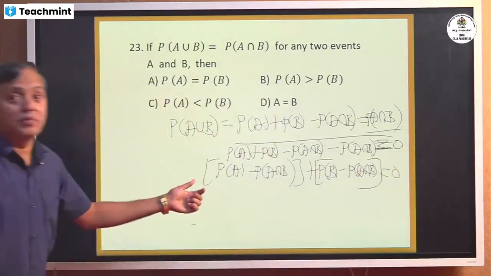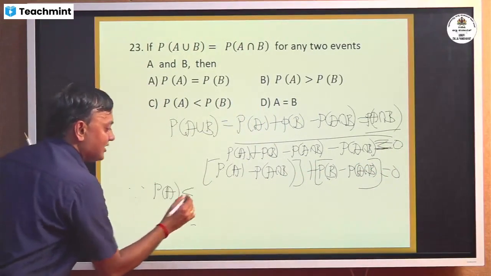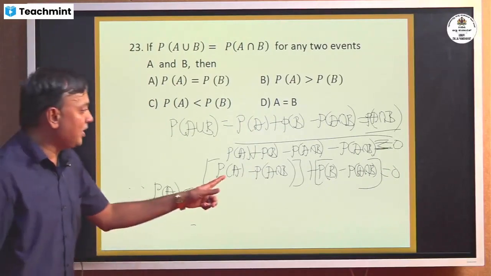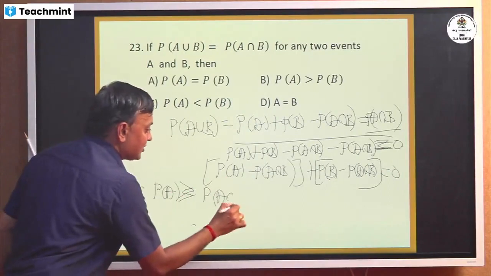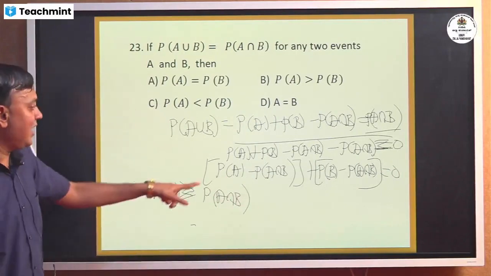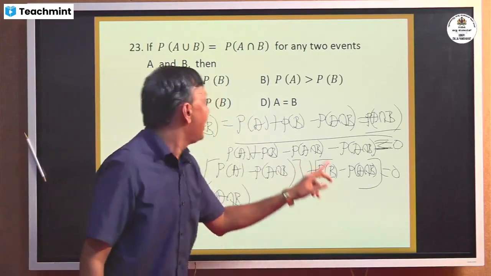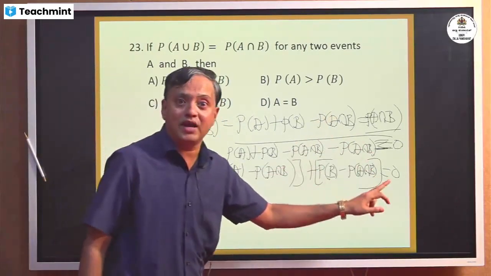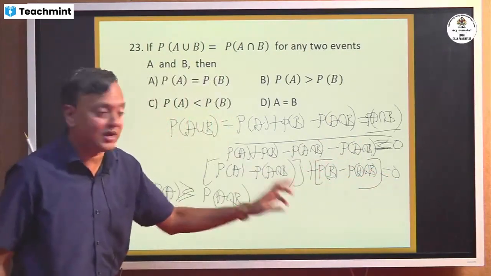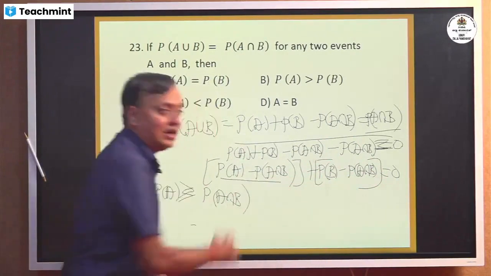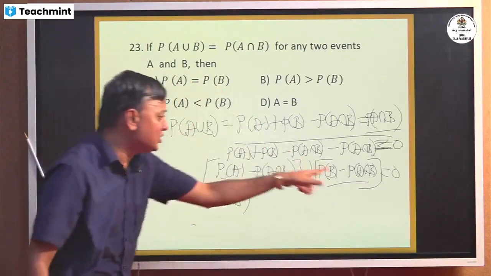We know probability of A is always greater than or equal to probability of A intersection B. Similarly, probability of B is always greater than or equal to probability of their intersection. But here it is given equal to 0, so it cannot be greater than 0. Then what must happen? This one becomes 0, this one becomes 0. Then these two become 0.